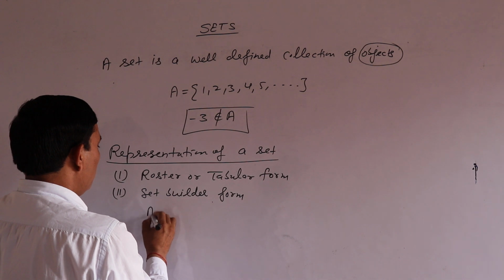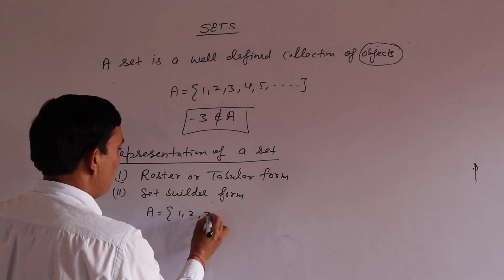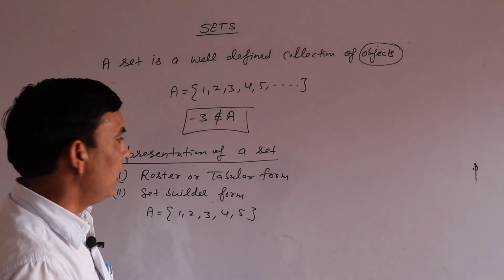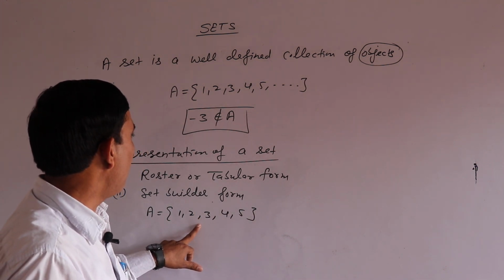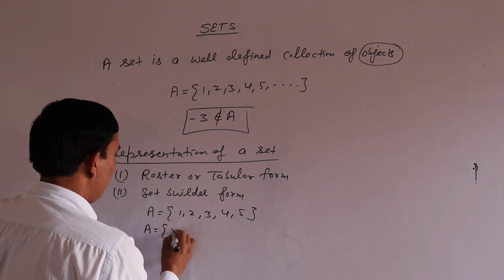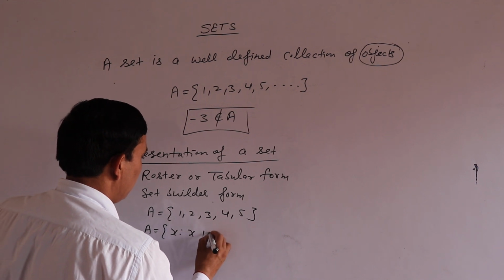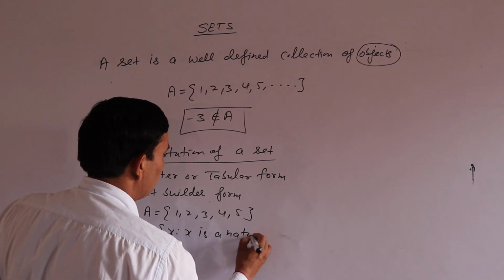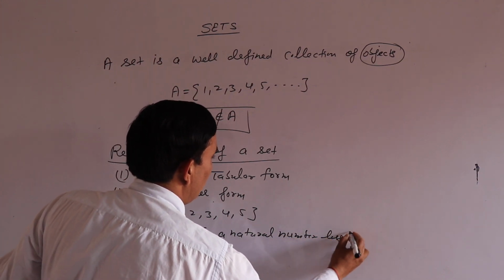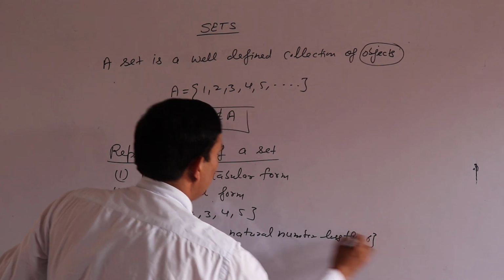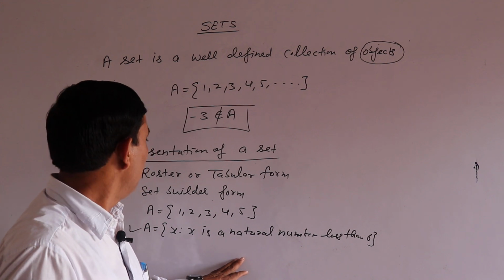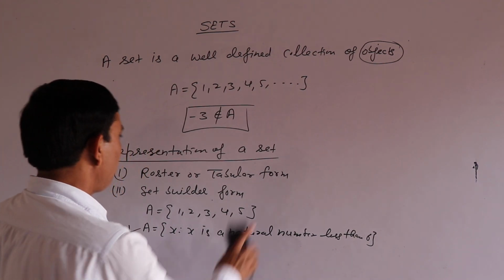If A equals the set of natural numbers less than 6, then this form is called the roster or tabular form. We can write {x such that x is a natural number less than 6}. Then this form is the set builder form.